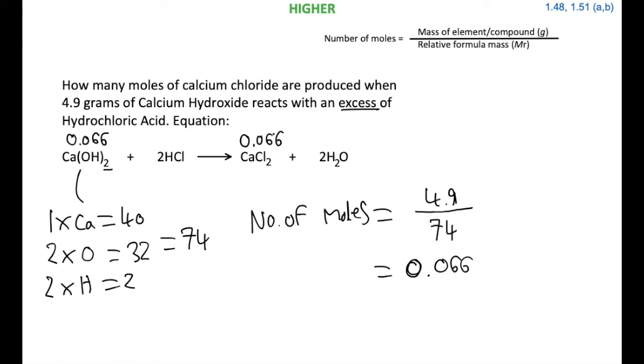If we wanted to know the moles of water that are produced, we look at the ratio between calcium hydroxide and water. And we will see that it has a 1-to-2 ratio, and so 0.132 moles of water are produced. But we're not interested in water. 0.066 moles is our answer here.